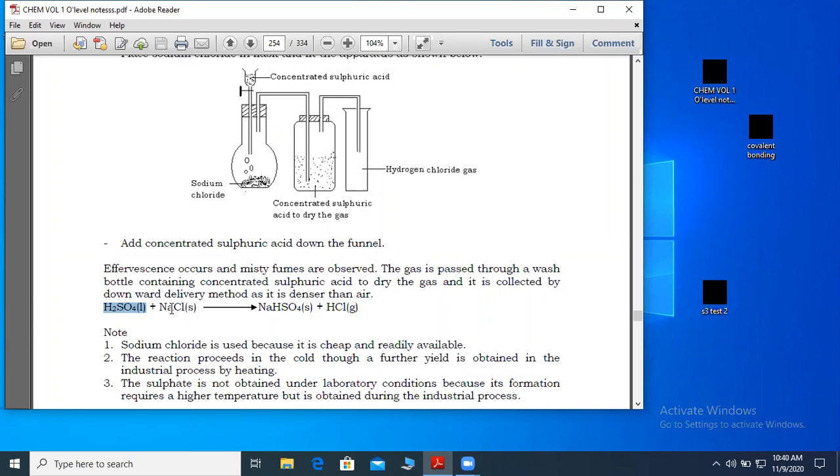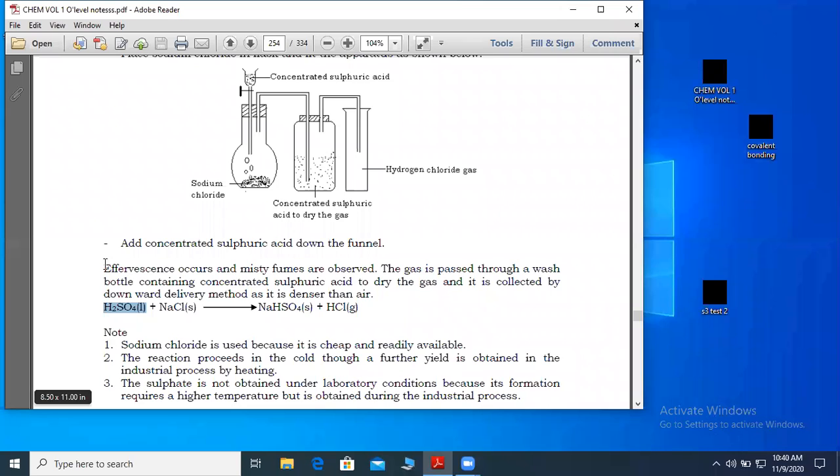So this equation, you remember the other equation I gave you for preparation of nitric acid. We treat this one in the same way, because in preparation of nitric acid, we used potassium nitrate and concentrated sulfuric acid. The product was potassium hydrogen sulfate plus nitric acid.